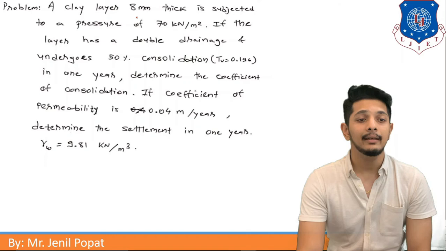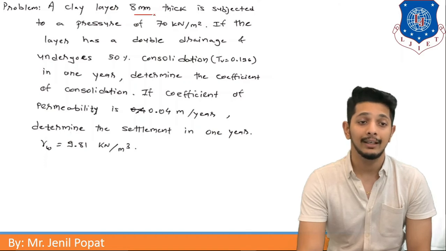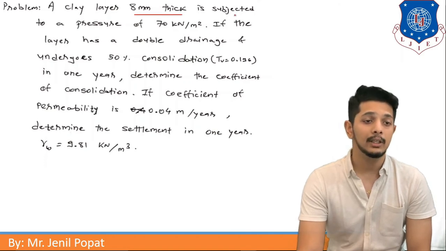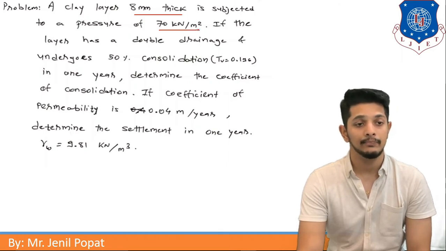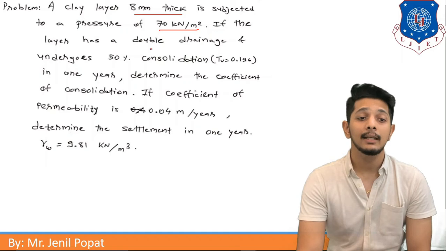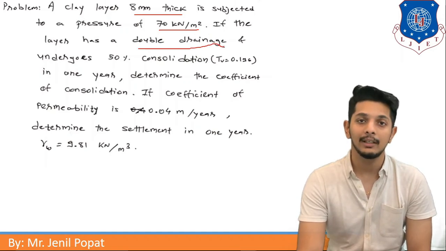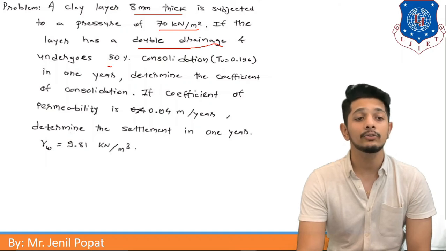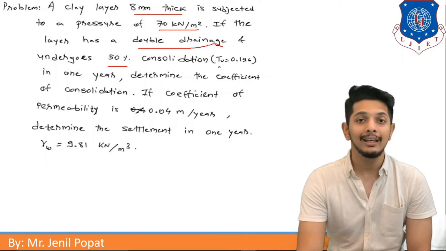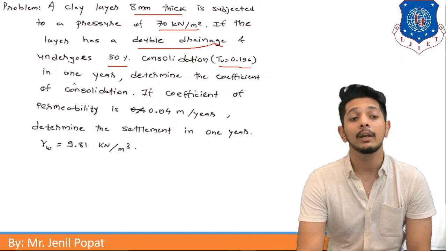A clay layer 8 mm thick, thickness of layer is 8 mm, is subjected to a pressure of 70 kilonewton per meter square. If the layer has double drainage, do mark that it is a double drainage situation, and undergoes 50% consolidation, and TV is coming out as 0.196 in 1 year.